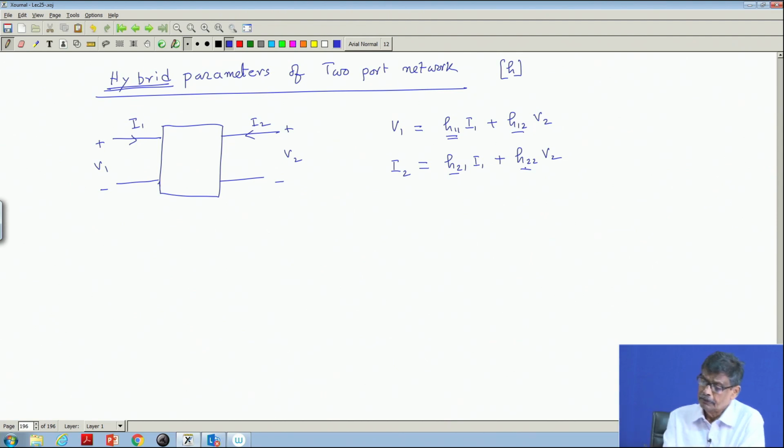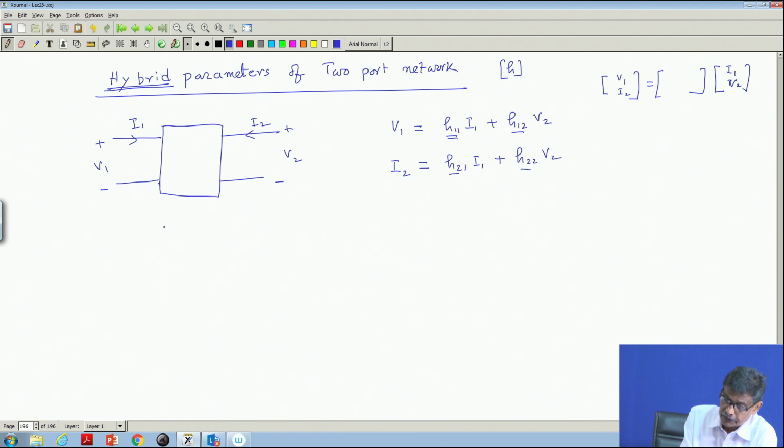For example, under this condition, I want to write down the input voltage and output current in terms of some parameter values there, in terms of I 1 input current and output voltage, a mixed up thing, voltage and current. Let us see what happens to H 11.